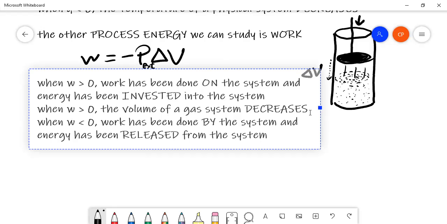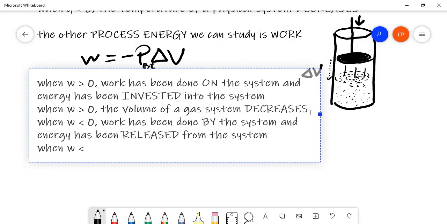The pressure inside the gas is such that it's going to push the plunger back up. Well, if that happens, I didn't do any work. The system did the work. So in circumstances where W is less than 0, that represents work done by the system. It represents energy released from the system. When W is greater than 0, the volume of the gas system decreased.